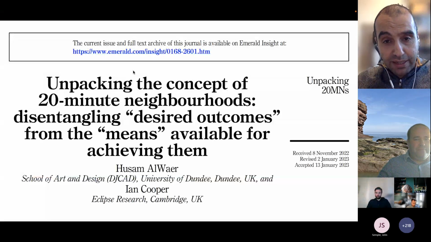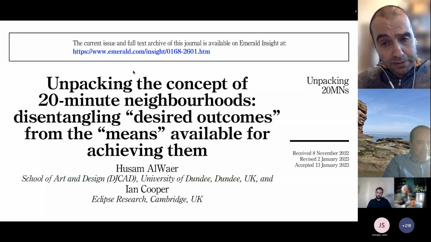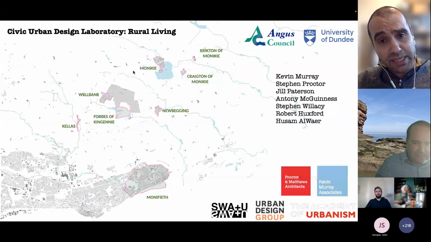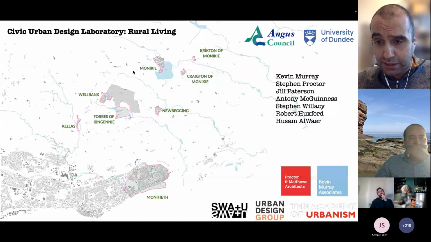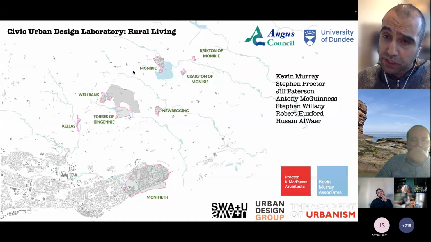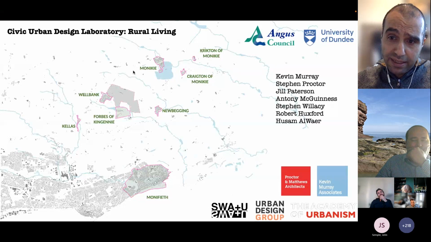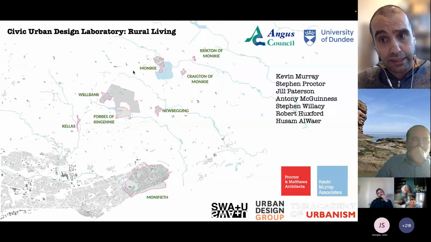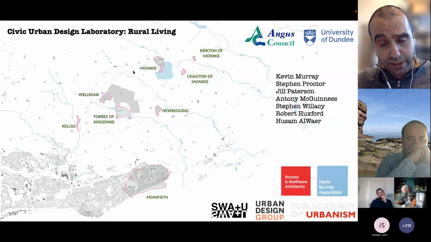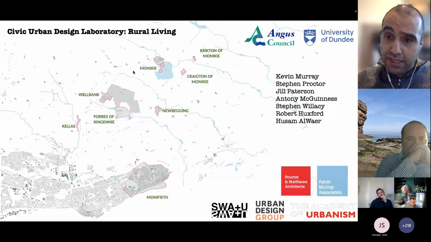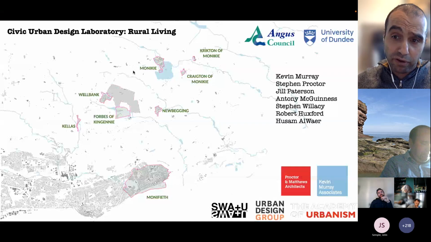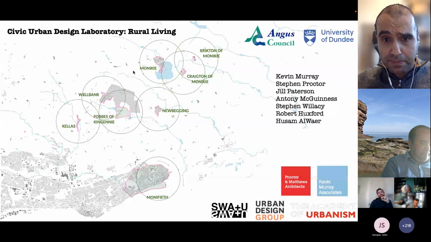I will be circulating this one later on. Now, the urban lab itself was a joint initiative between the university and Angus Council with support from key practitioners here in the UK, like Kevin Murray, Stephen Proctor, Jill, Anthony, but also Stephen Wallacey from Orhorse and Robert Haxford from the Urban Design Group.